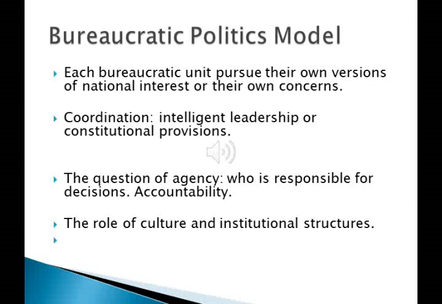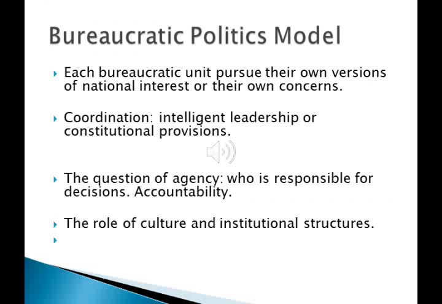So as I said before, in that unit, each agency, each actor is interested in pursuing their own version of national interest or their own concerns. So each agency has an interpretation of the problem and their interpretation of the national interest.